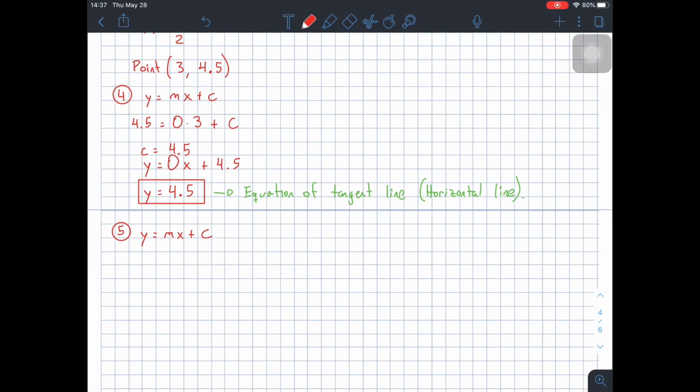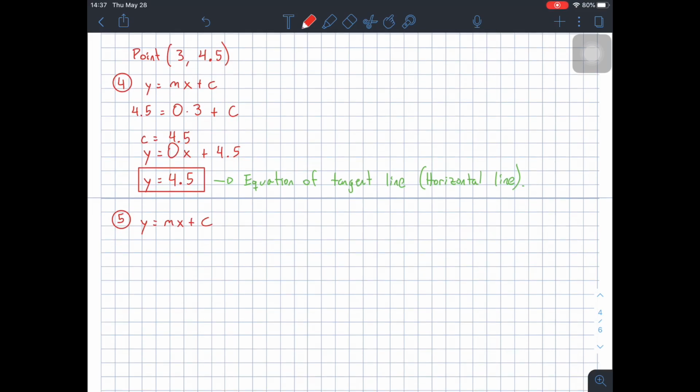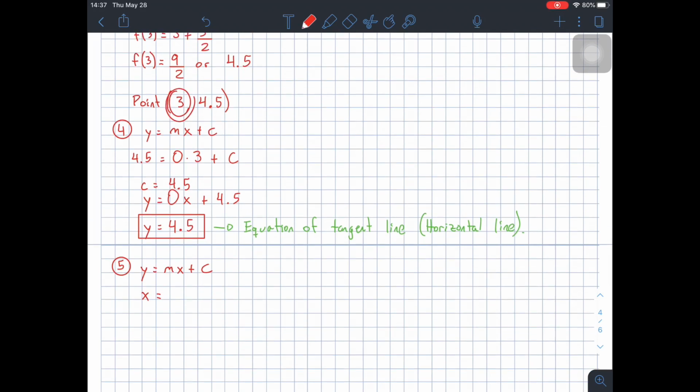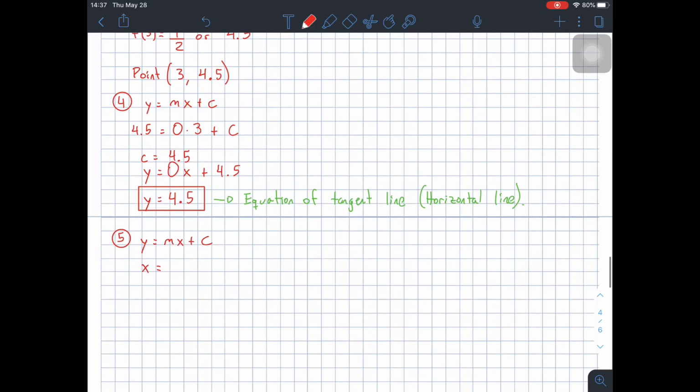Whenever we have a vertical line, remember the structure of a vertical line. It's directly x equals something, right? And if we know that the vertical line should pass through the point 3, 4.5, then this value of x corresponds to the equation of the vertical line. So the vertical line is directly x equals 3. And that's it, right? This is the equation of the normal line.